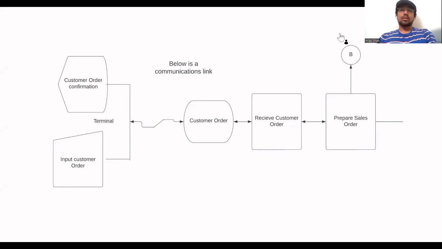The communication link indicates that the information collected during the receive customer order process is passed on to the prepare sales order process. This ensures a smooth flow of information and enables the subsequent processing and fulfillment of the customer order.